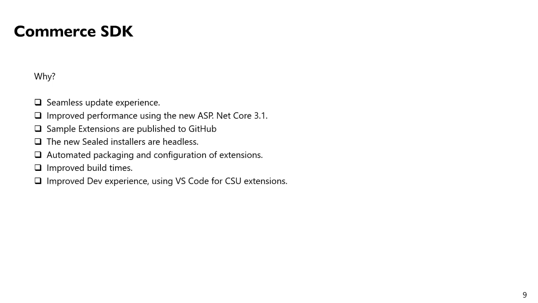Okay, there are some major pain points we hear from many of our customers and partners. So we thought we should definitely take measures to solve those pain points and make the developer's life much simpler and easier. Any commerce development should be as easy as possible. You should not be worried about setting up the environment, how to get the packages, or updating the SDK.